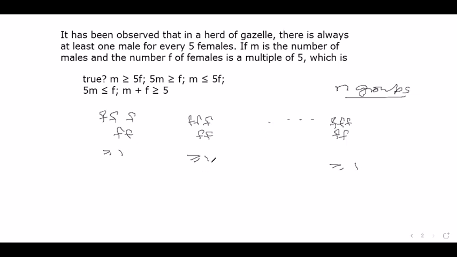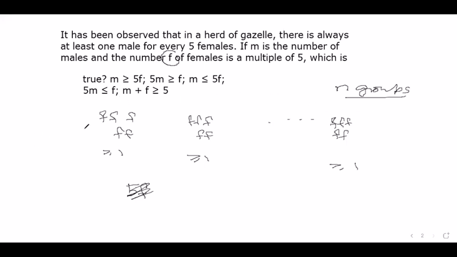Oh, I'm sorry. The total number of females is F. I should not have used the symbol F for this. F has a special meaning. It's the number of females altogether.